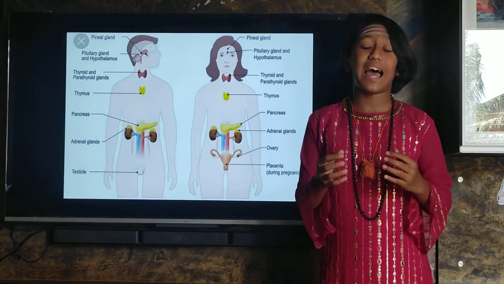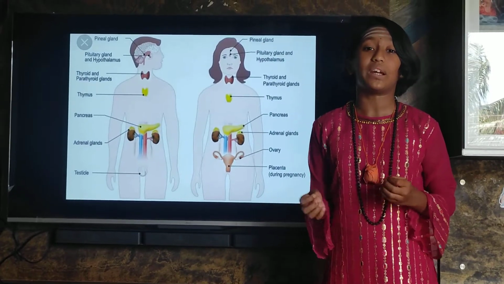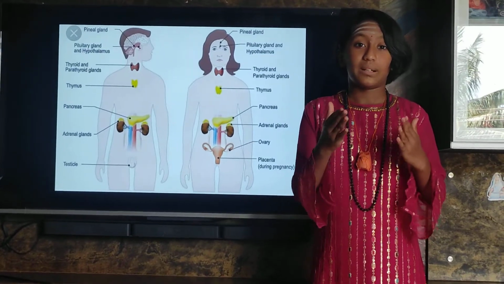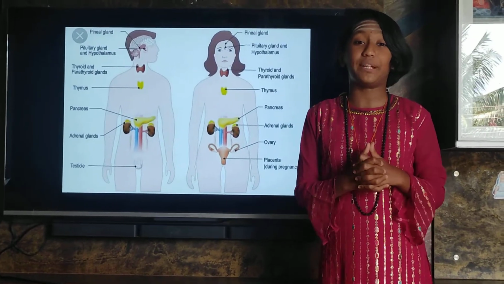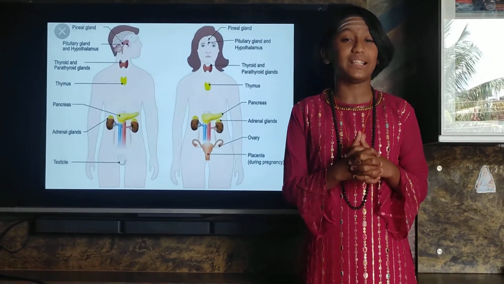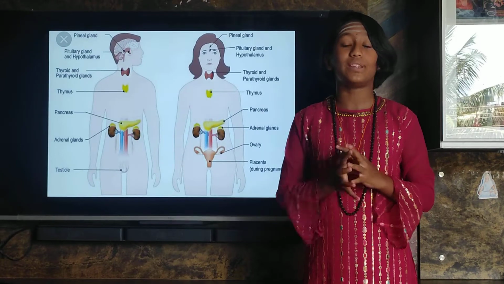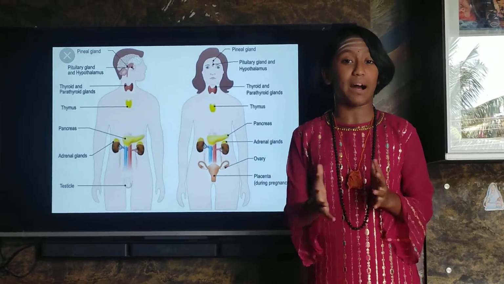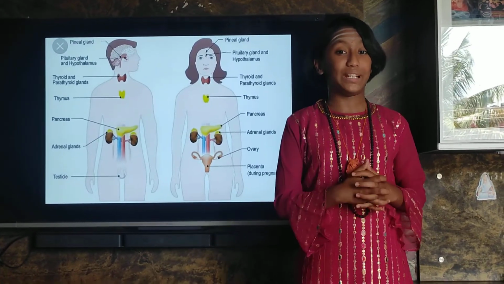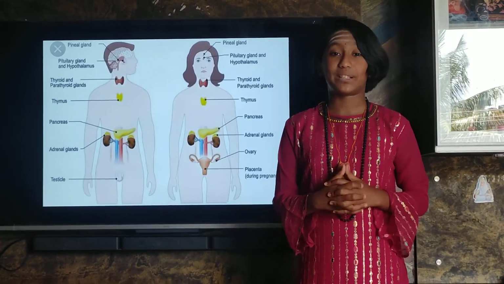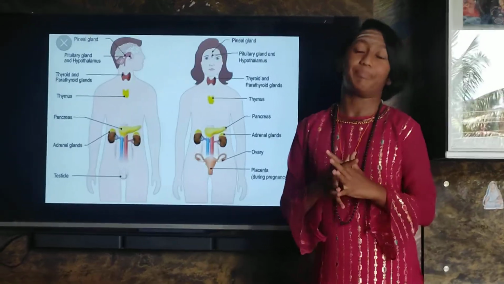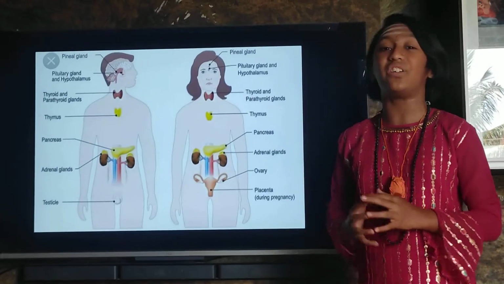If thyroxine is lacking during growing years, a baby or child can experience cretinism, and if it is lacking in adulthood, a person experiences myxoedema. For dietary deficiencies, if there is a deficiency of iodine in the body, a person experiences goiter, meaning the thyroid gland enlarges. Next, we come to the parathyroid gland.